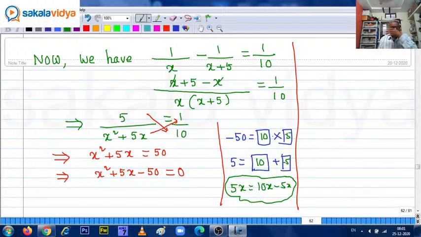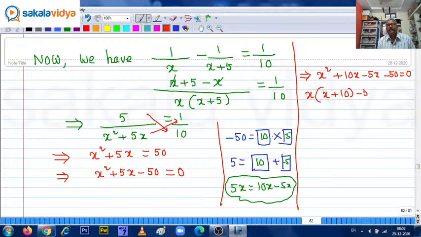So x square plus 10x minus 5x minus 50 equals 0. From the first two terms take x common, we have x plus 10. Next take out minus 5 common, x plus 10. Now x plus 10 is common, we have x minus 5 equals 0.